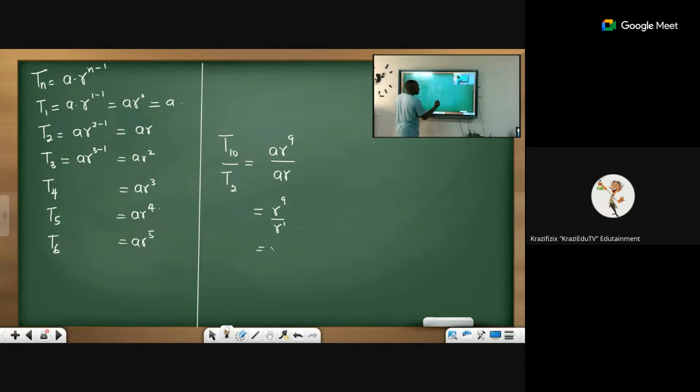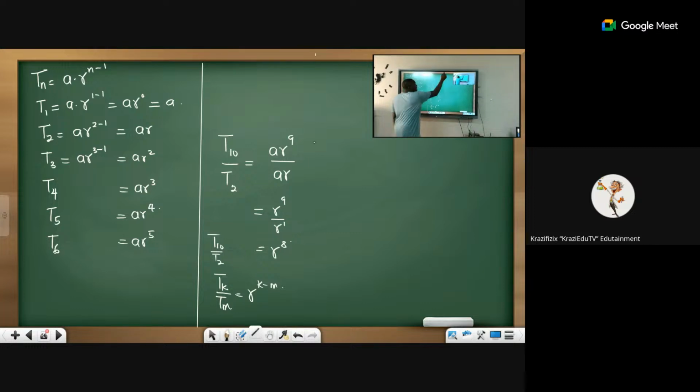That's where I got my formula that says Tk over Tm would simply be R to the power k minus m. Multiple ratio. So the examiner is giving you the 10th and the 2nd. Just divide. You can skip all that, but we just say 10 minus 2.